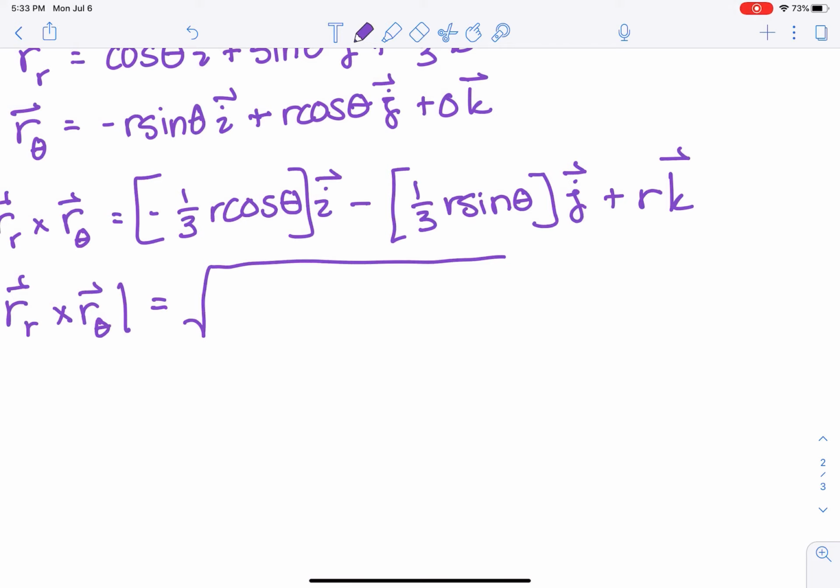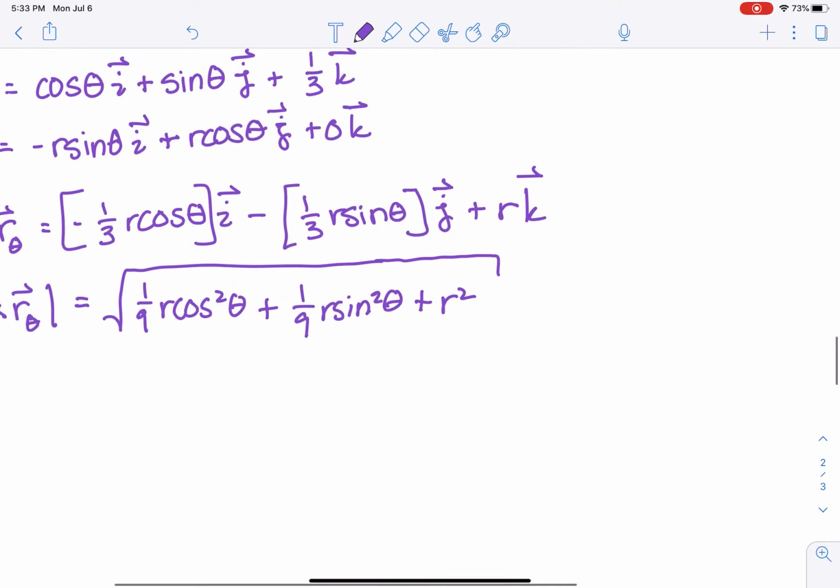So we square each of these components and add them together. So that'll just be 1/9 r cosine squared theta plus another 1/9 r sine squared, plus just r squared. So that's the square root of the sum of the squares, and you can see the Pythagorean identity hidden in there.